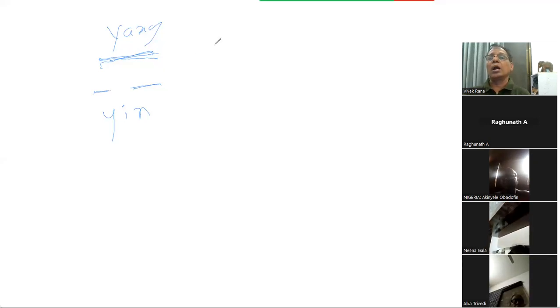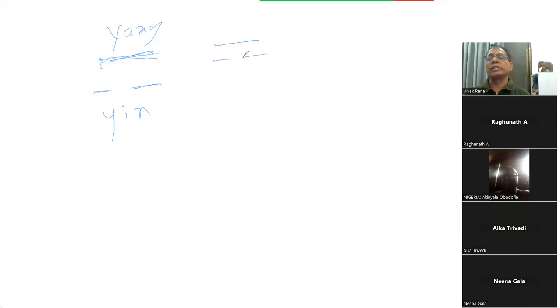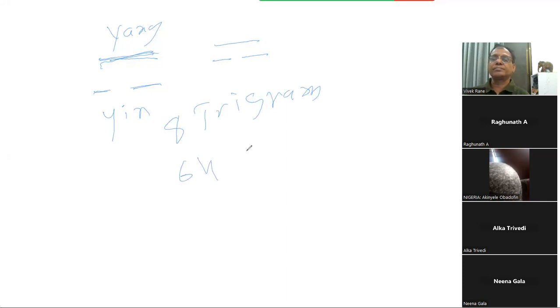So by using unbroken and broken lines together, we make the eight diagrams and the 64 hexagrams, and we can find the disease pattern in these eight diagrams and 64 hexagrams. Next, the theory of five elements.